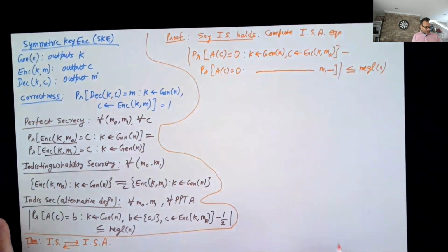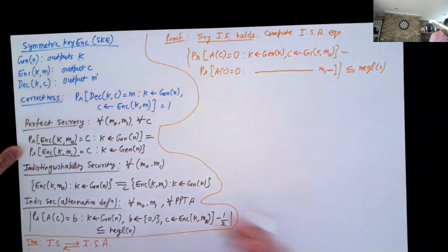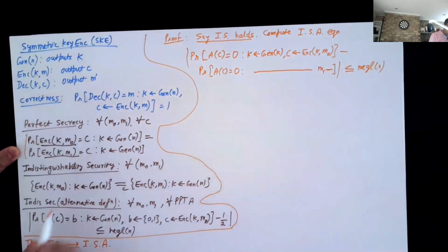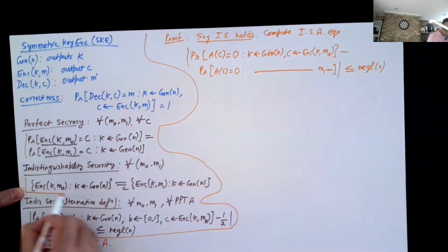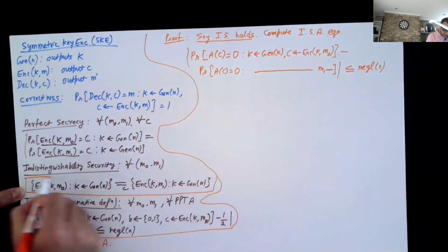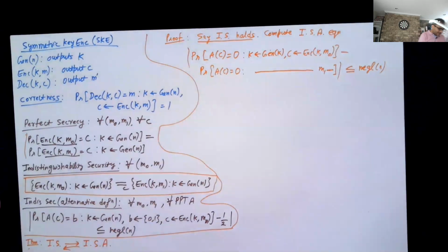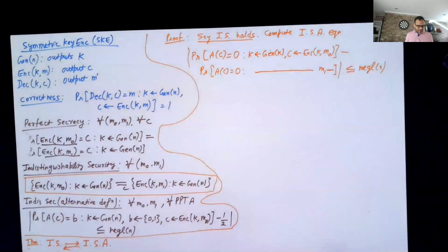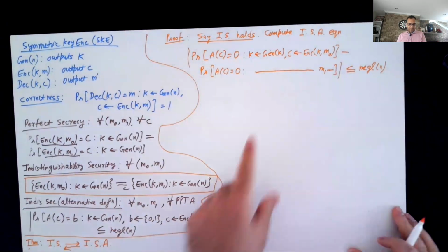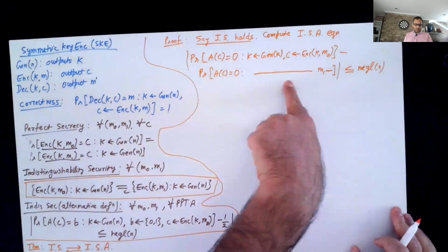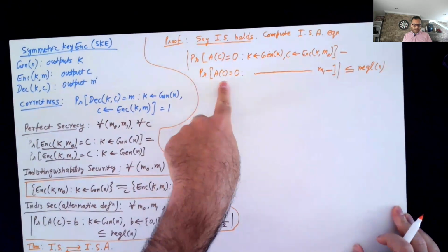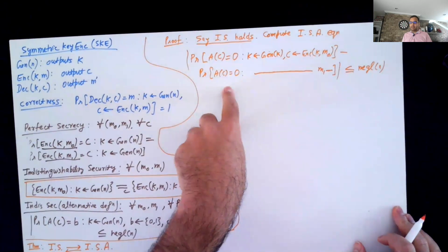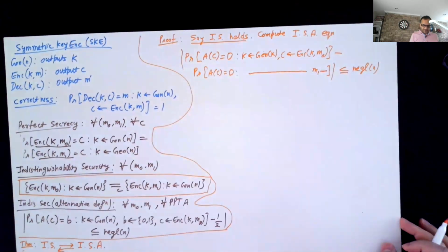So I'm just taking this equation, and I'm expanding it. If indistinguishability security holds, then the probability of A outputting 0 on these two different ciphertext distributions cannot be very different, negligibly close.